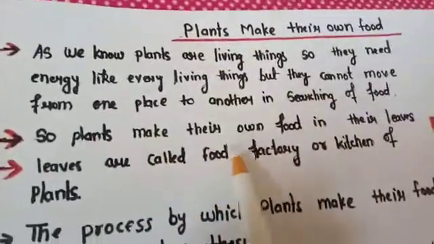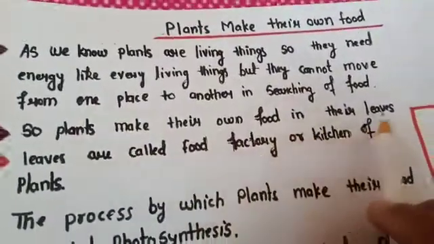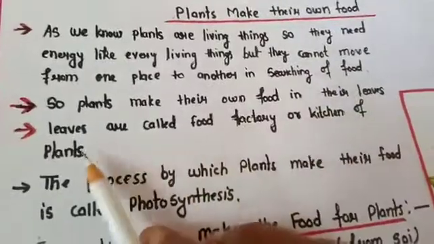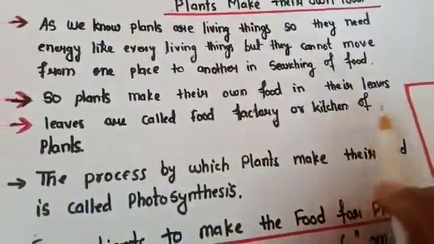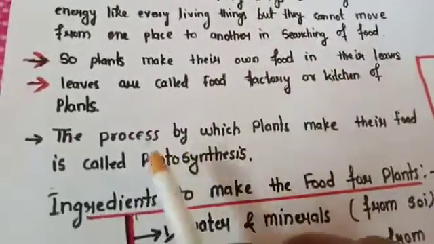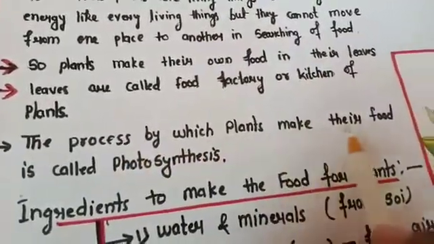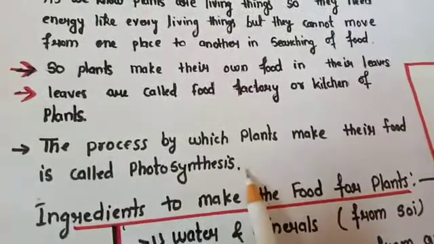So plants make their own food in their leaves. That's why leaves are called the food factory or kitchen of the plants. Now the process by which plants make their food is called photosynthesis.